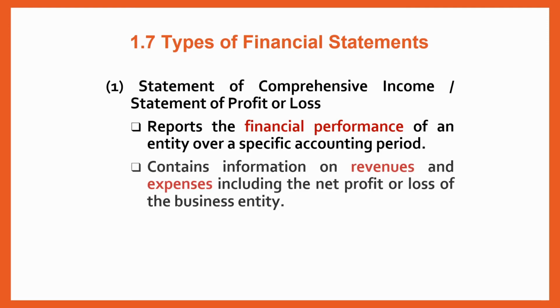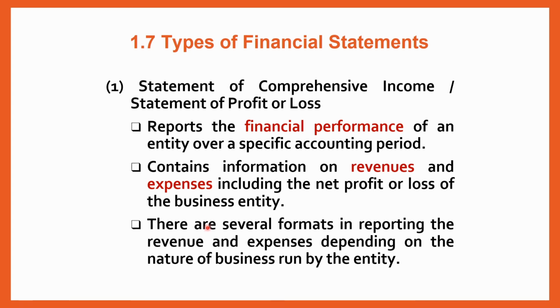Okay, now we look at the first one, statement of comprehensive income or statement of profit or loss. It reports the financial performance of an entity over a specific accounting period, and it contains information on revenues and expenses, including the net profit or loss of the business entity.